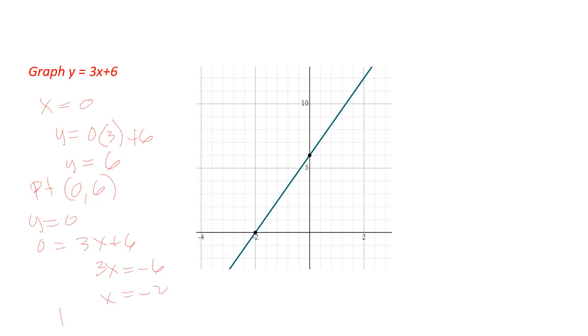So the point is minus 2, 0. This is your equation y equals 3x plus 6. This point is minus 2, 0, and this one is 0, 6.